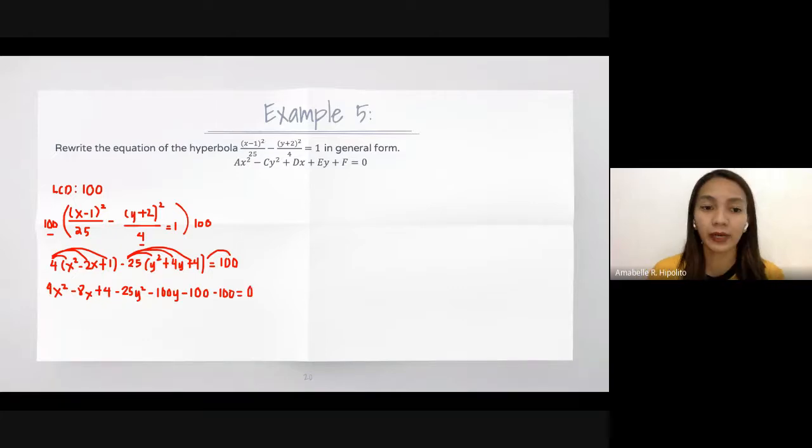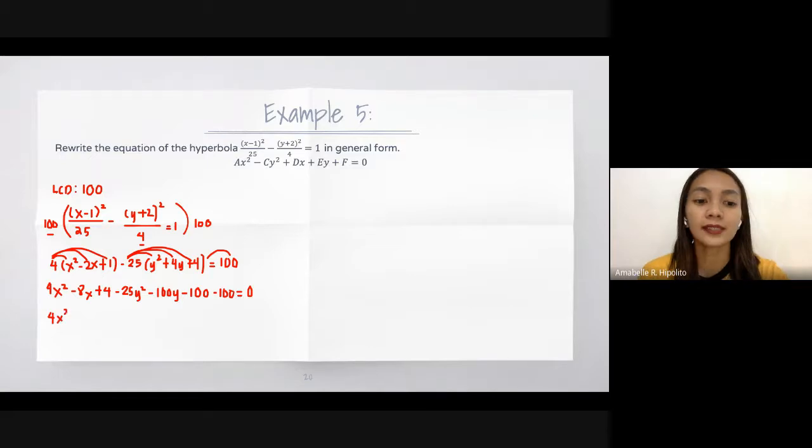And then, let's combine like terms. 4x squared has no like term, so just copy 4x squared. Since in the general form the x squared comes first, that is what we put first. Next is the one with y squared, so we have minus 25y squared.